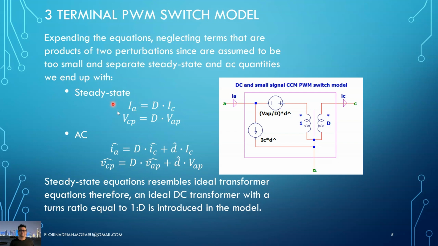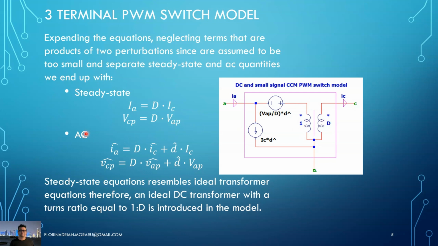In steady state, we end up with those two equations, and those two equations resemble ideal transformer equations. That's the reason why in our model we will have this ideal transformer with a turns ratio of 1 to duty cycle.